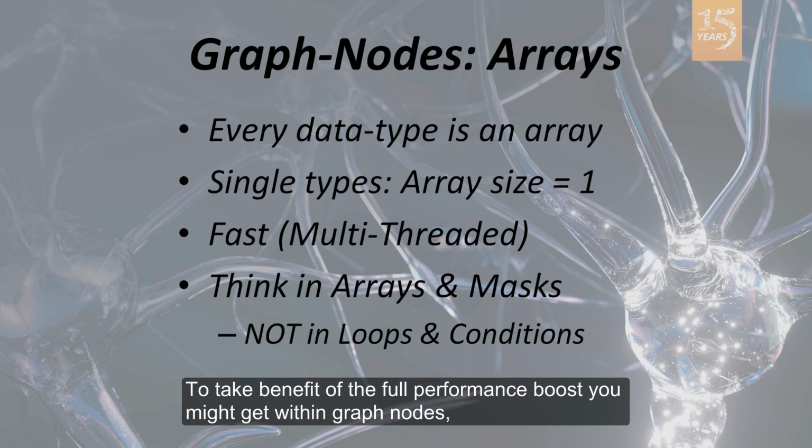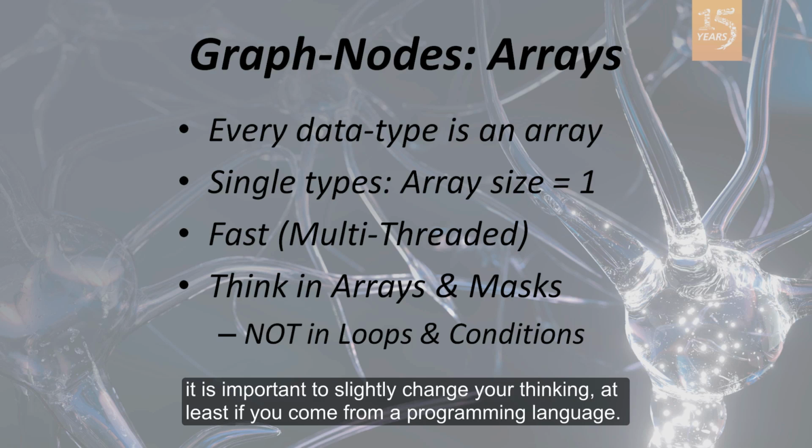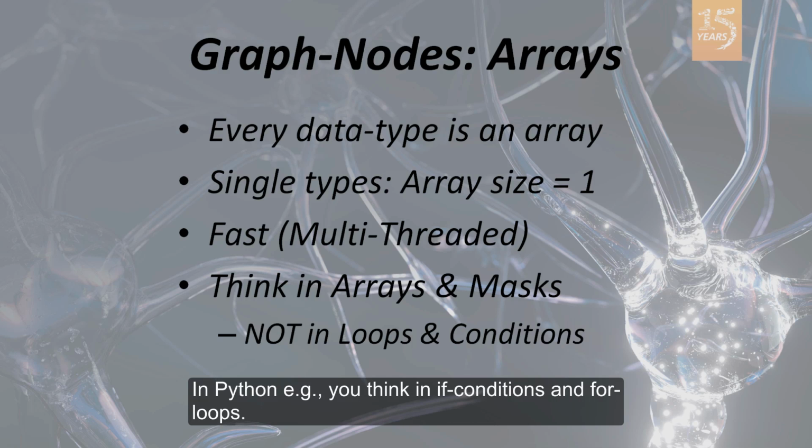To take benefit of the full performance boost you can get with graph nodes, it's important to slightly change your thinking if you come from a programming language. In programming languages like Python, for example, you normally think in loops or conditions, like if conditions and for loops.